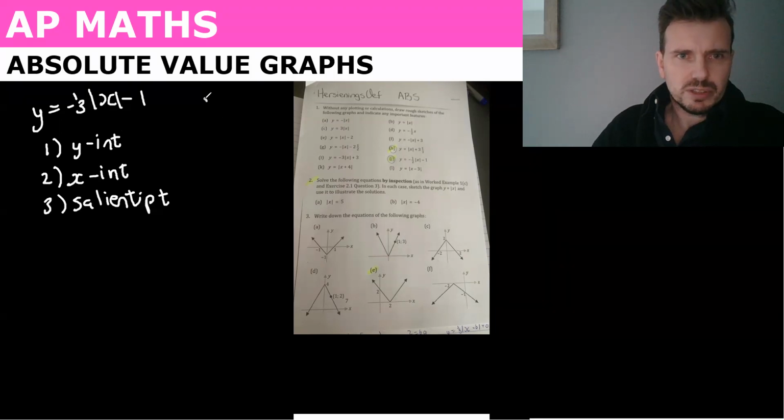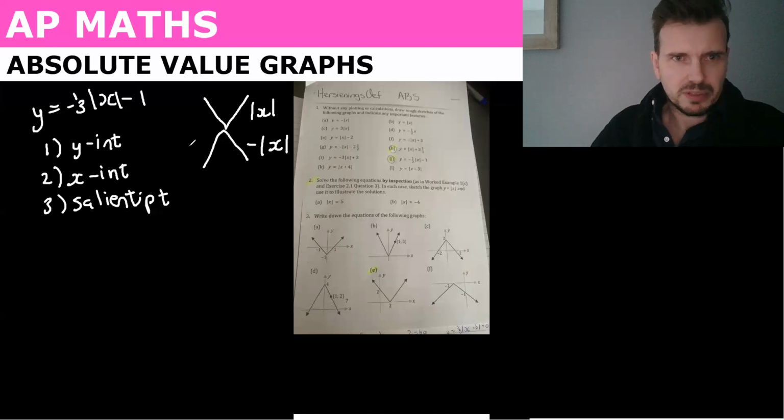So this is a normal absolute value graph, and if it was negative, it would look like that. So -1/3 would go negative, but it would be a flatter one because it's less than 1.